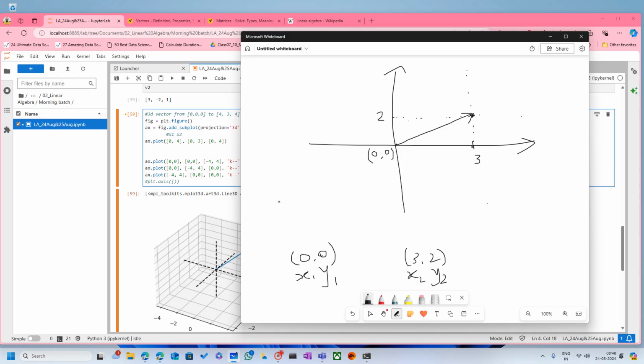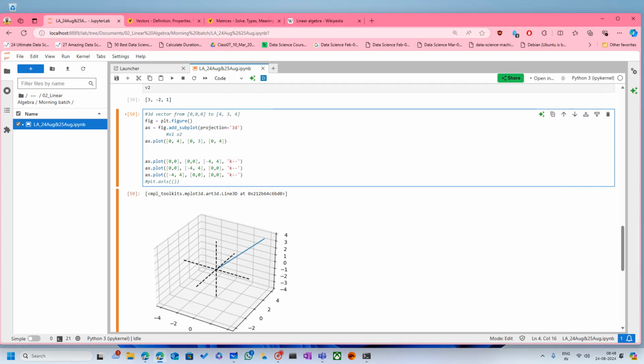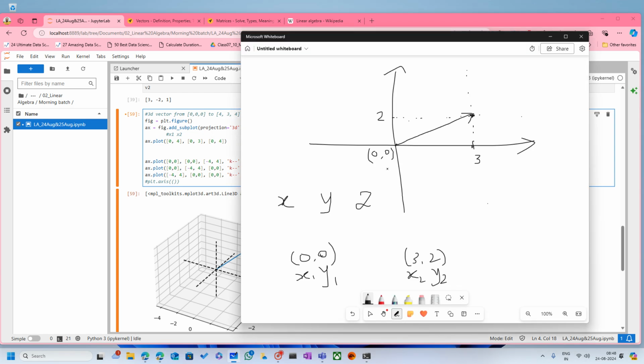So always when you are giving the points, first you give all the x coordinates, then all the y coordinates, and then all the z coordinates. Is this clear? The way the graphing library sees versus how we see, there is a difference. Yes, yes.